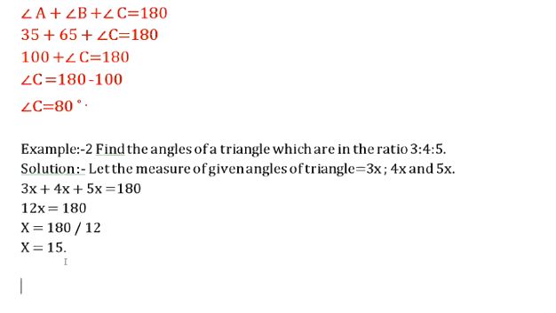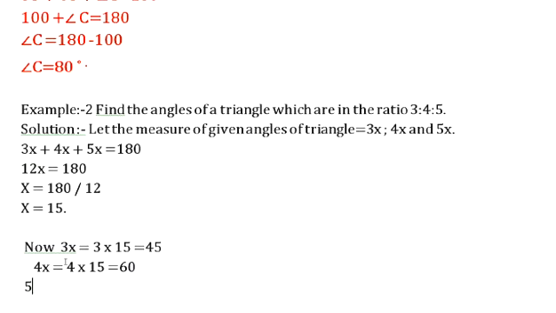So the measures of the angles: 3x is equal to 3 multiplied by 15, which is 45 degrees. Then 4x is equal to 4 multiplied by 15, we get 60 degrees.